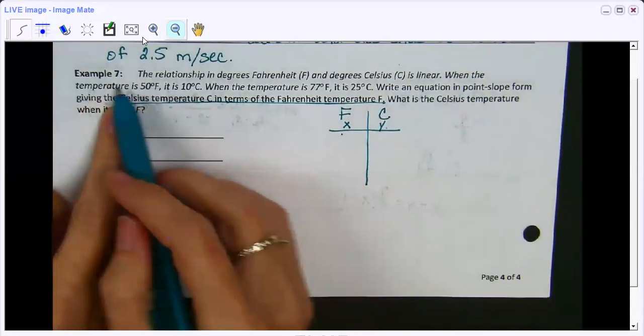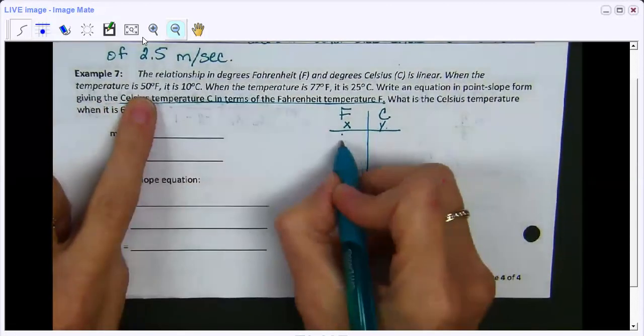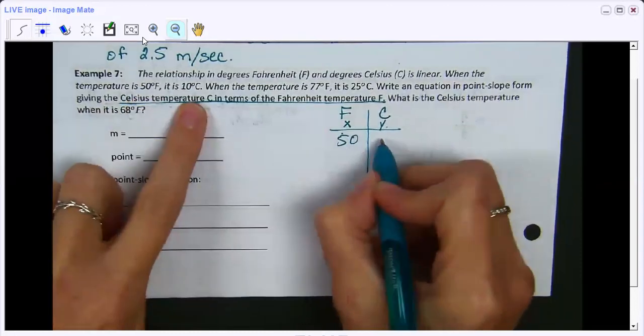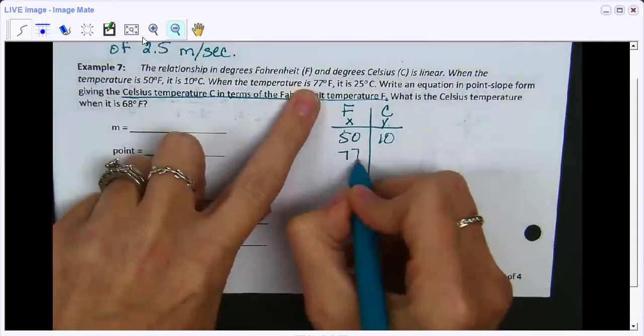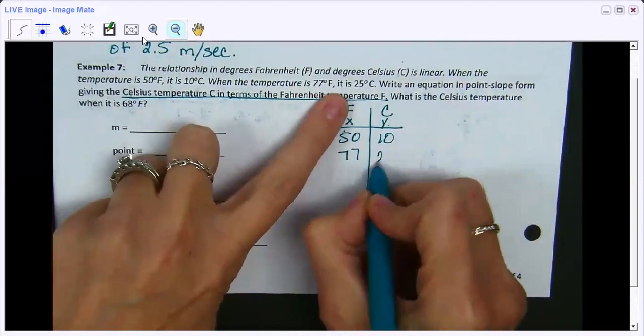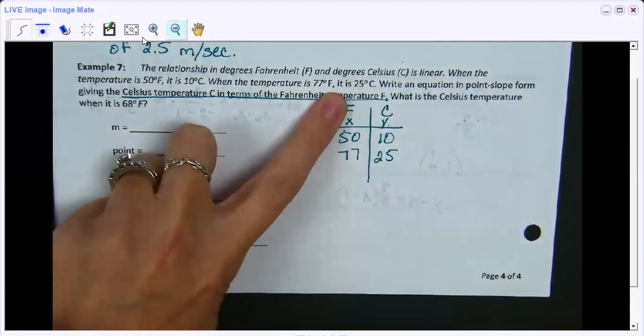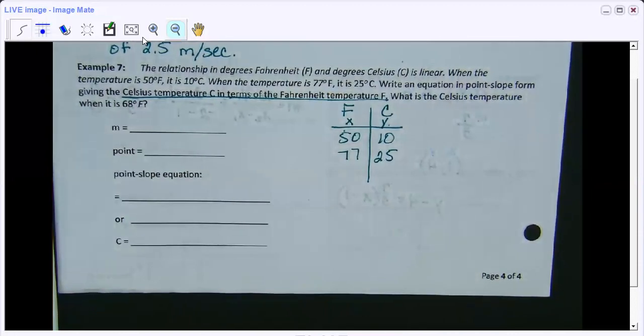So here it says when the temperature is 50 Fahrenheit, it's 10 degrees Celsius. When the temperature is 77 degrees Fahrenheit, it is 25 degrees Celsius. So we have two pieces of information here that we can use to find slope.